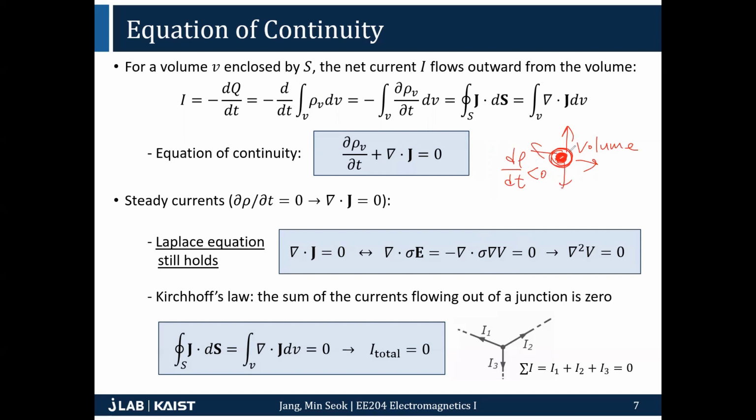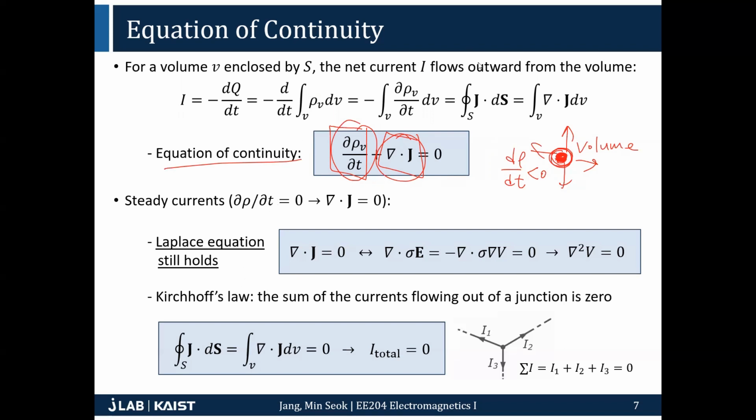The charge amount decreases at a certain position, which means current flows outward. So this term and that term must be related. The decrease in charge amount should be associated with the increase in current flow. So that's called continuity of charges.